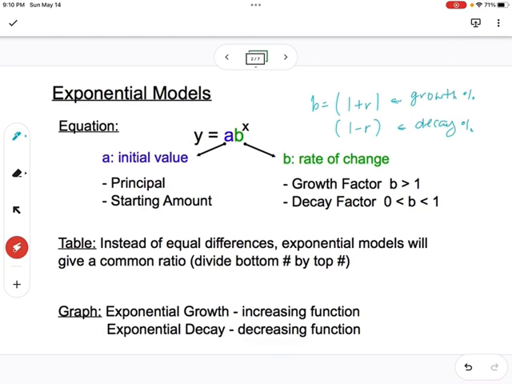We are actually dividing with exponential, and those divided numbers would equal the same amount. Okay. And our graph, so exponential growth, is looking like so, and our exponential decay is a graph that looks like this.